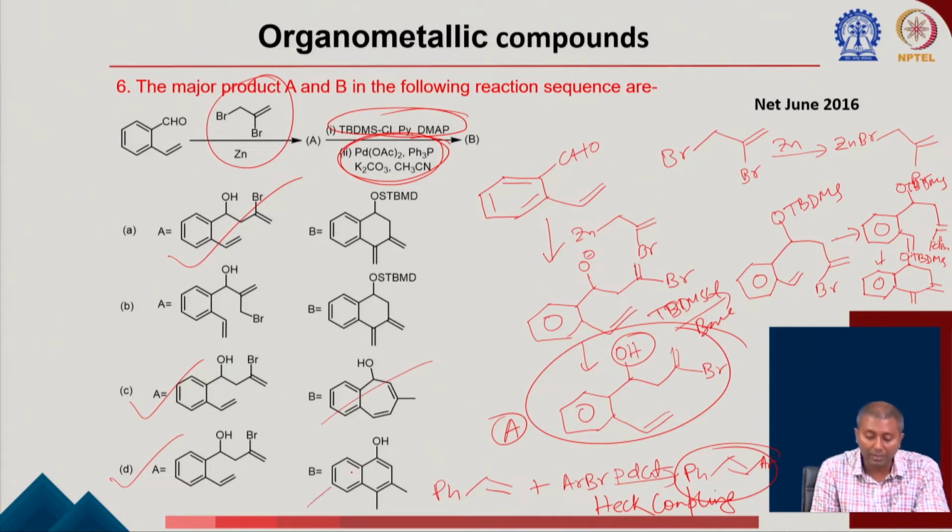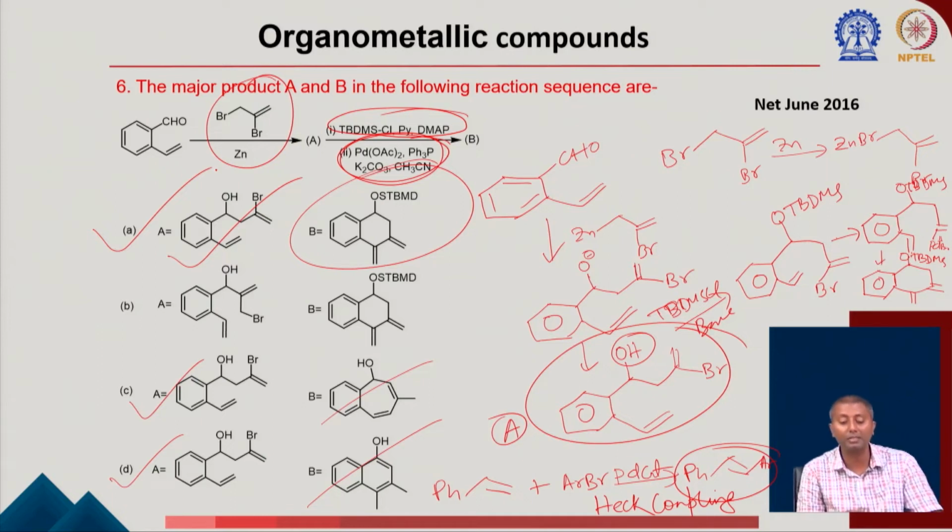Okay, so the only correct answer is going to be A, which is this one. So again, option A is correct. So here you have several things happening: organozinc formation, Barbier reaction, protection of alcohol, then finally the Heck coupling.